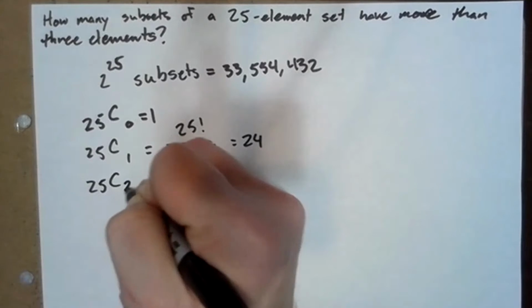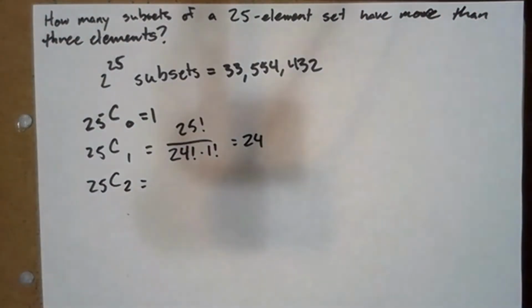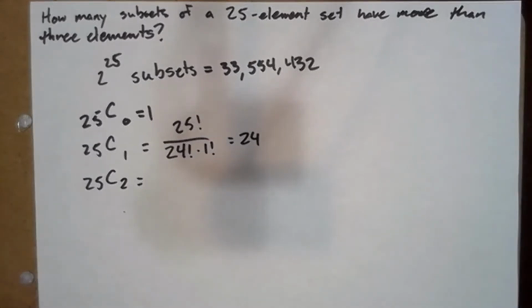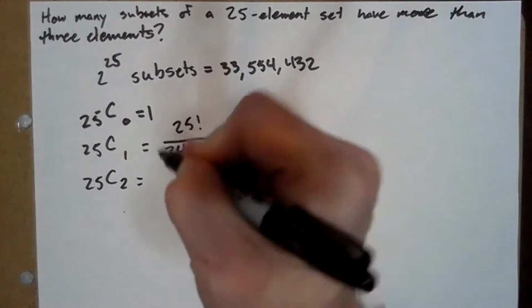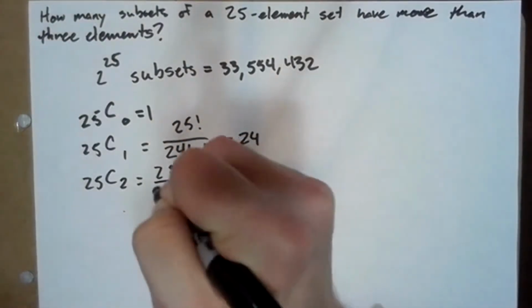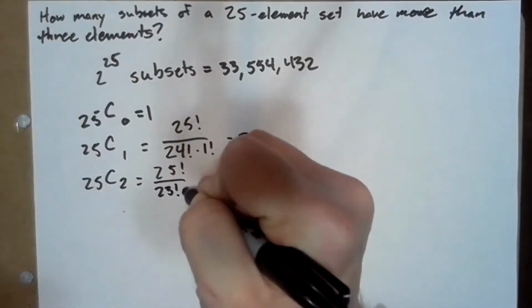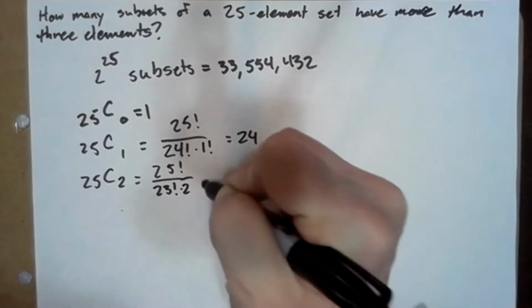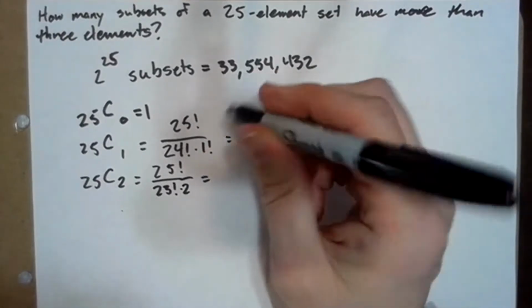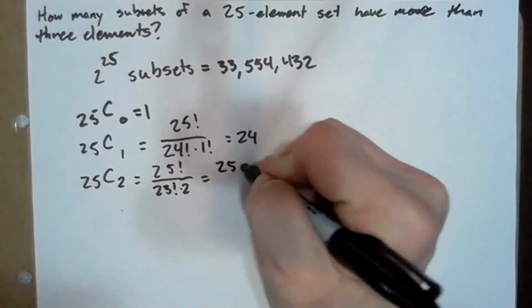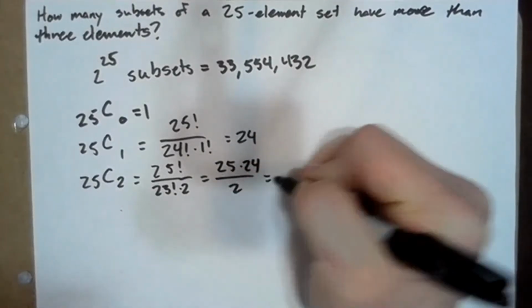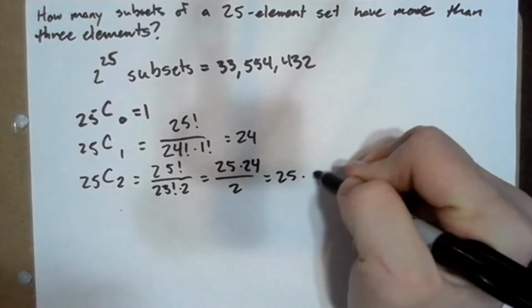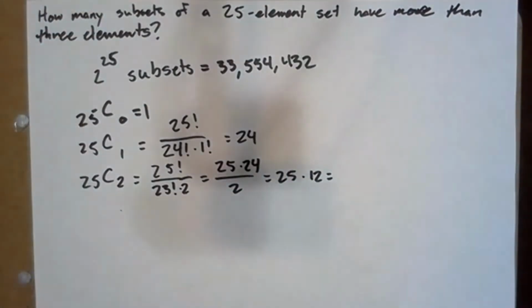25 choose 2 will be the number of subsets of size 2. So that's 25 factorial over 23 factorial times 2 factorial. So that's going to be 25 times 24 over 2, which is 25 times 12, which is 300, if I'm not mistaken. Yes, that is correct.